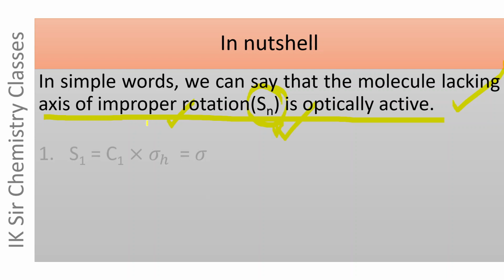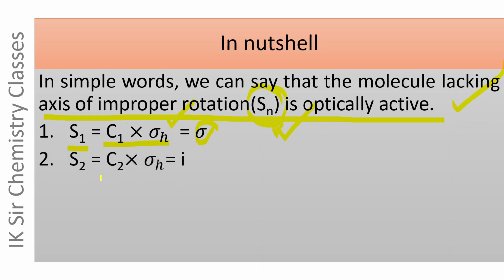Let us see it again. S1 means C1 into sigma h, and it is nothing but sigma. S2 means C2 into sigma h, and it is an inversion operation. S3 means C3 into sigma h, and similarly higher orders of improper axis of rotation can be written.